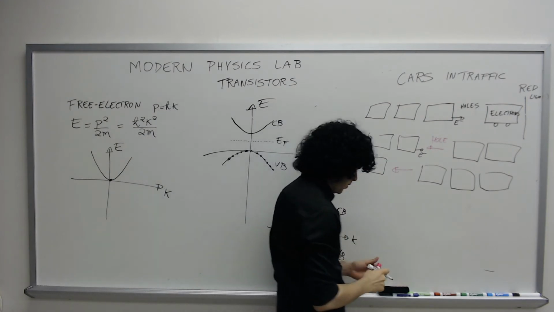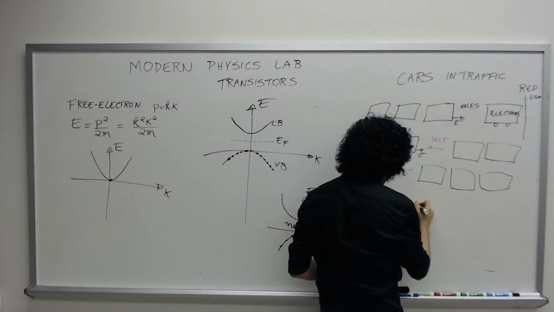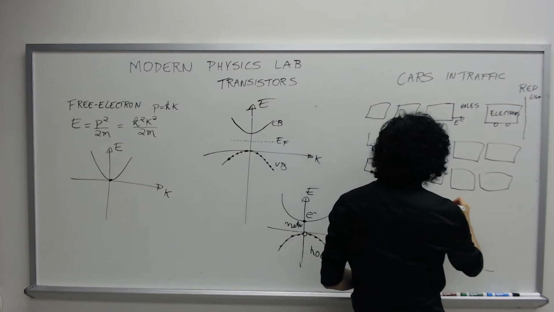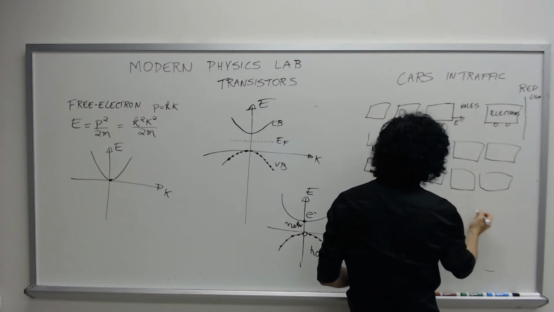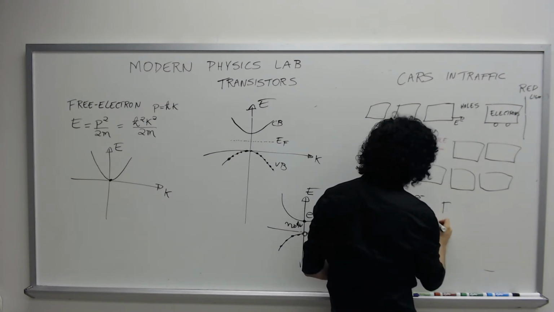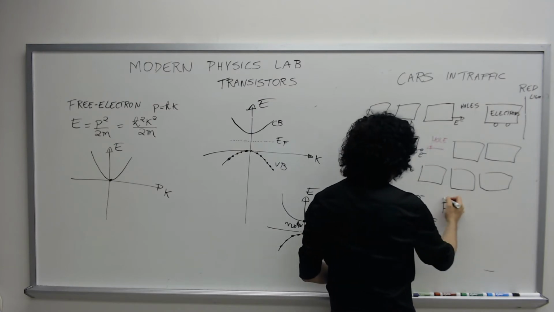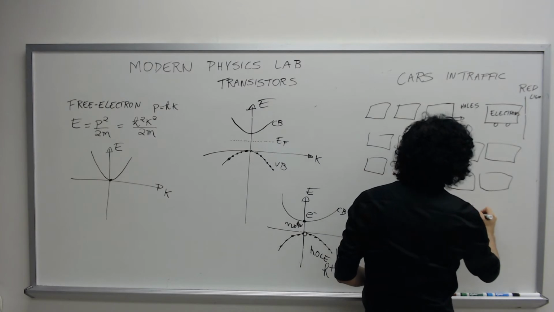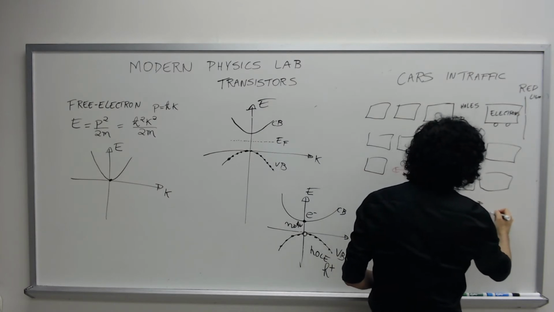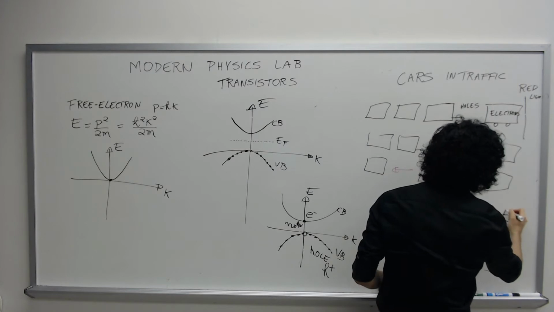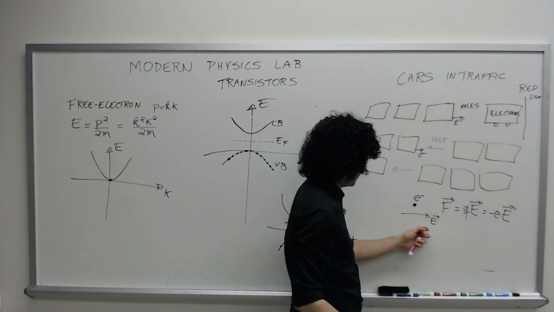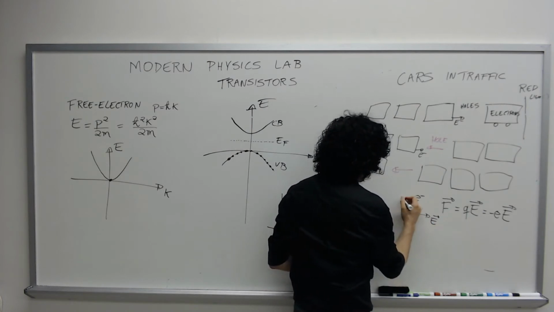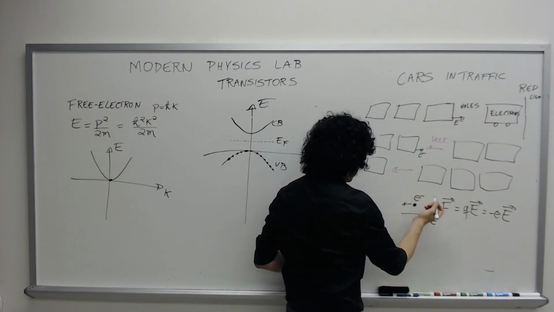So it's a positively charged particle. If you have a negatively charged particle here and you apply an electric field E, the force is equal to QE, which is equal to minus E. So the force goes in the opposite direction of the electric field, and the electron will move in the opposite direction.